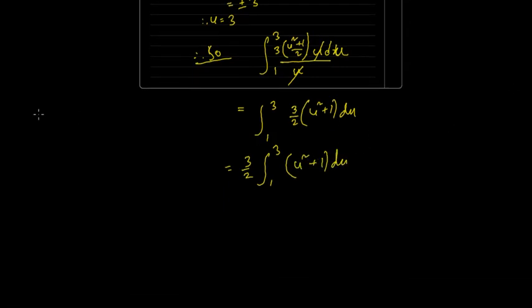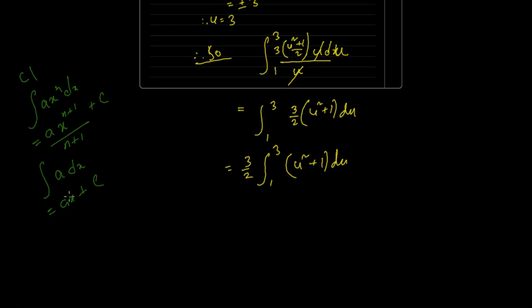A little reminder of integration. Actually this is from C1. In C1, the integration of a x to the power n dx was a x to the power n plus 1 divided by n plus 1, plus c. In C1, the integral of any constant a was just ax plus c.